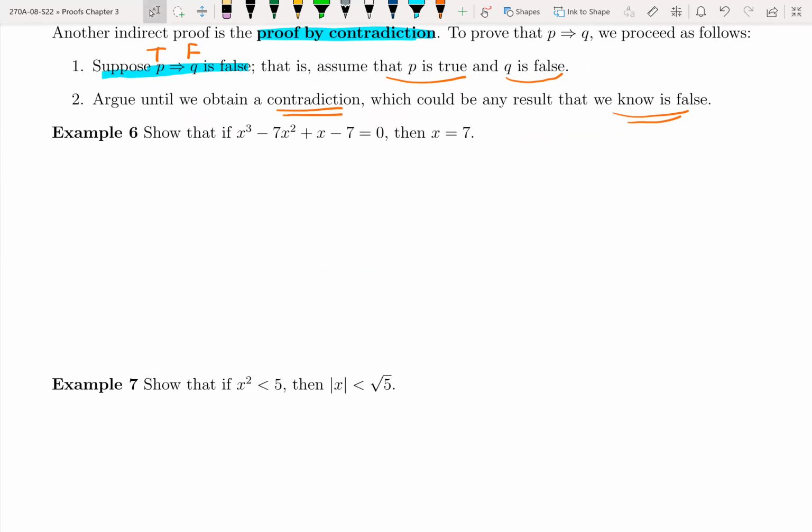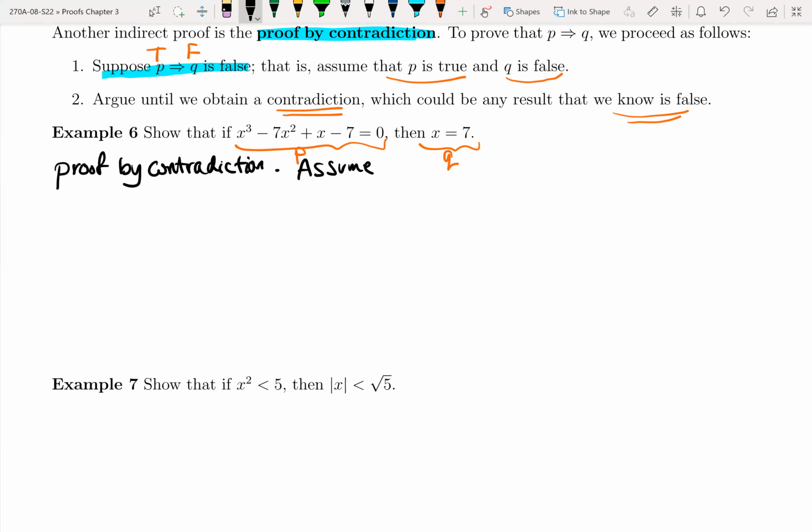Can we practice here? This is going to be the P statement. This is going to be the Q statement, okay? If you want to make this a false statement, you have to say P is true, but Q is false. So prove by contradiction.